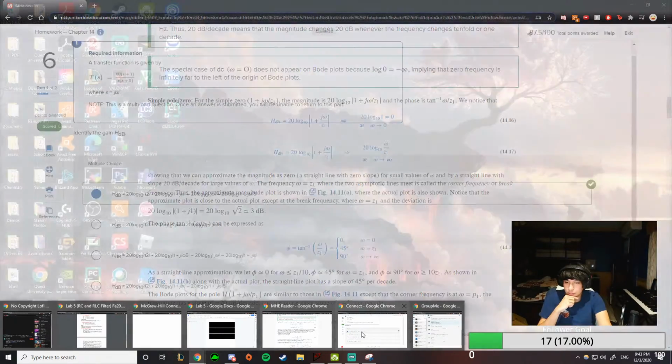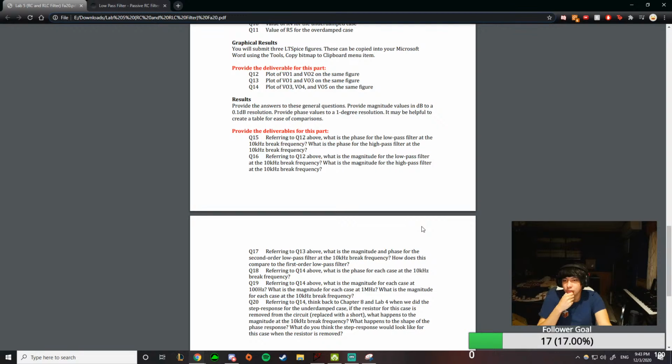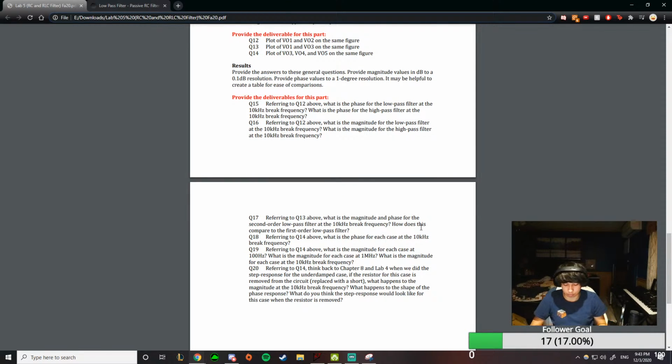What's the next one? I think it's the same function for both of them. No, it's the same. Wait, no, it's slightly different.